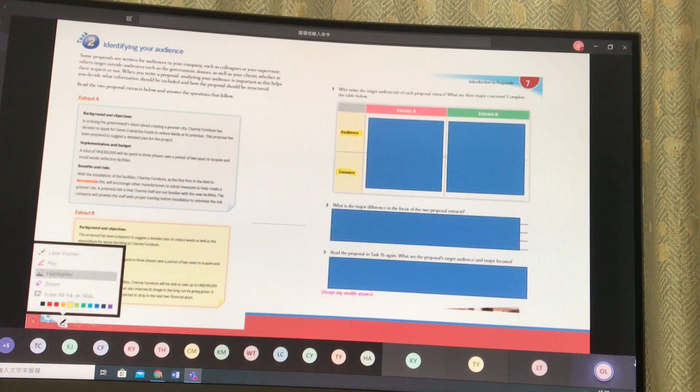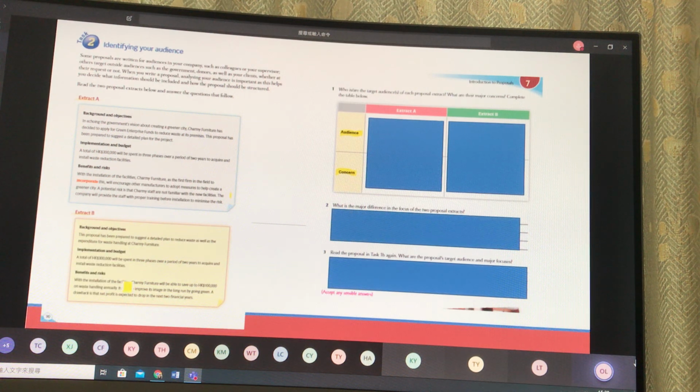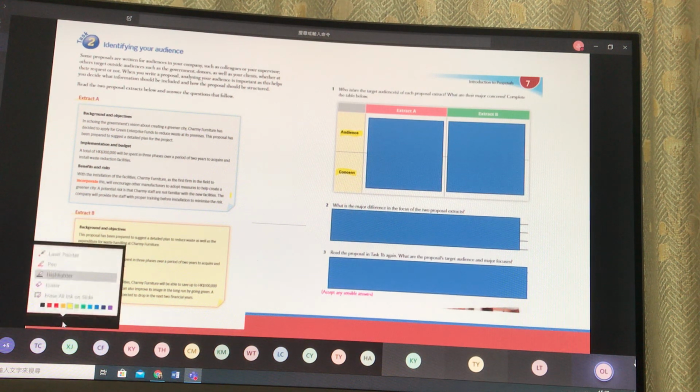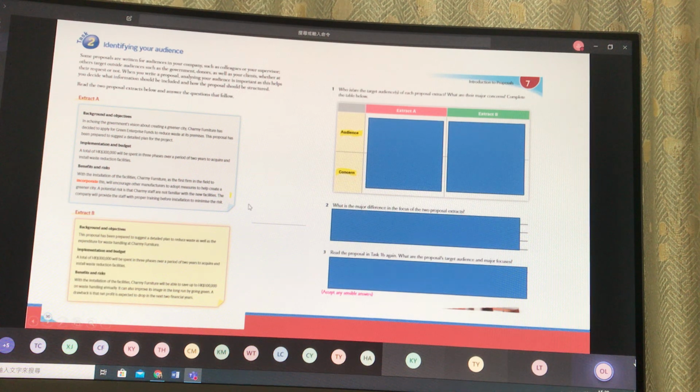So let's see. So the government, or people who are responsible for approving funding from the government, want to know whether the proposal is capable of fulfilling the requirements, right?